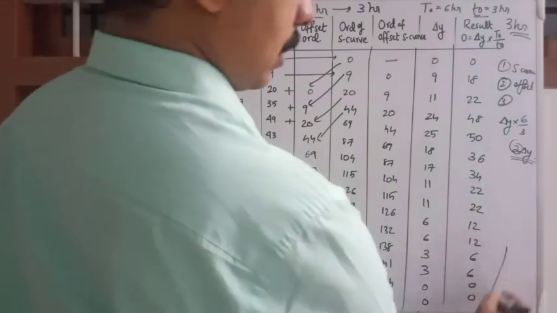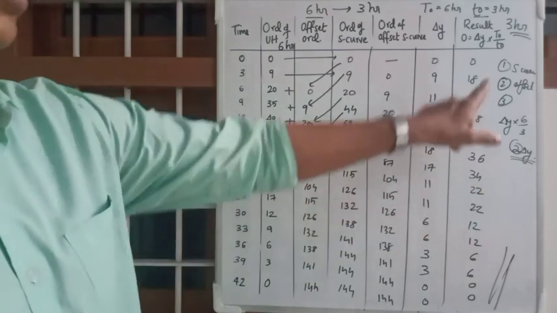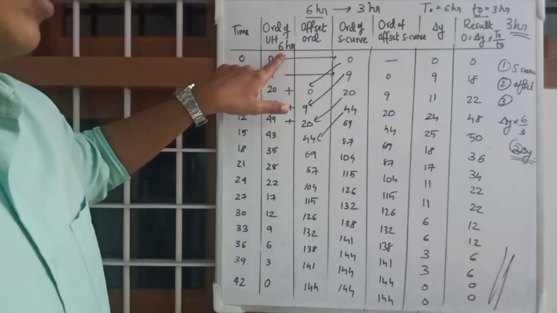So this gives you the answer for this question. So we have constructed a 3 hour unit hydrograph from a 6 hour unit hydrograph.